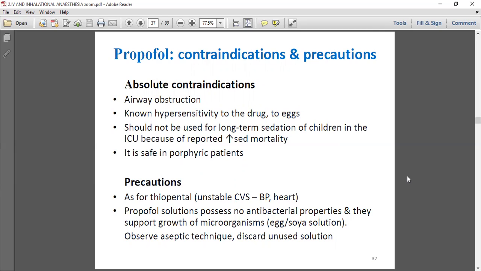So if the patient has known hypersensitivity to the drug or to eggs, we don't give it. It should not be used for long-term sedation of children in the ICU because of reported increased mortality.